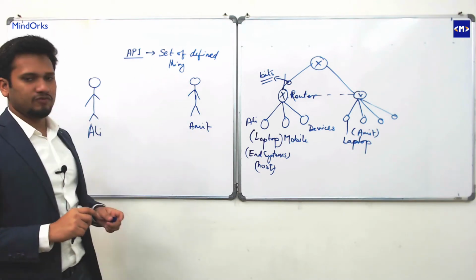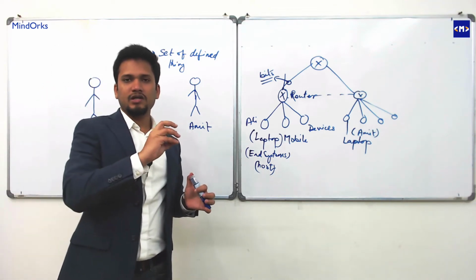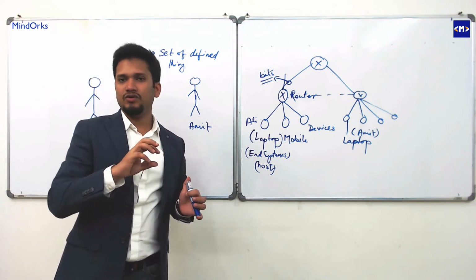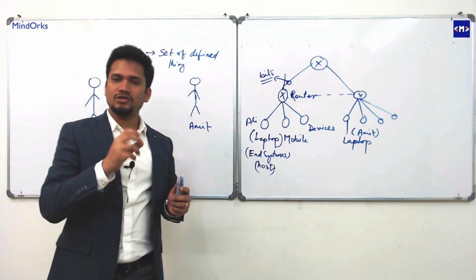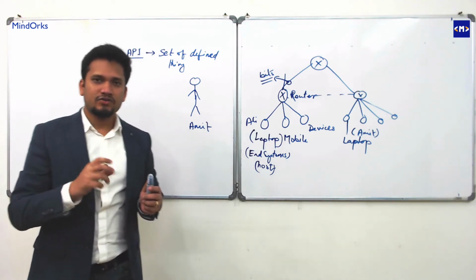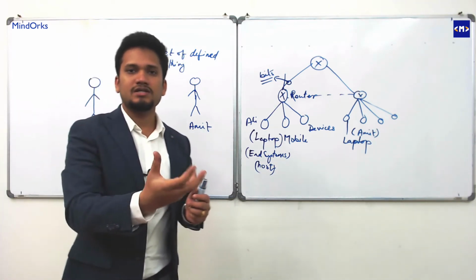For example, if we have a radio device, we can move the knob to connect to a different frequency. That knob is actually providing an API. So APIs are simple constructs that help us communicate with a service.